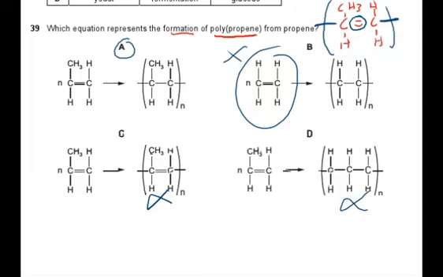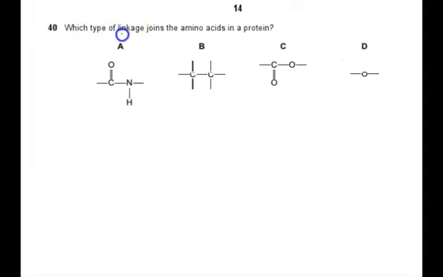And the last one, okay, which type of linkage joins the amino acids in the protein? So amino acid, you will be having an amide. Okay, this is the amine group and this is the acid group. So always remember, we will have this.